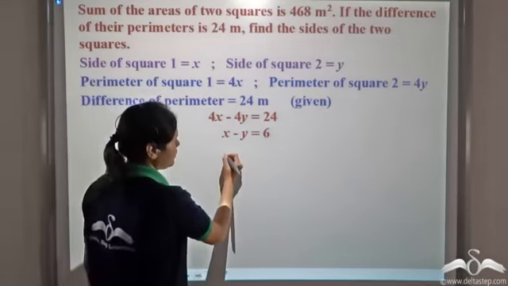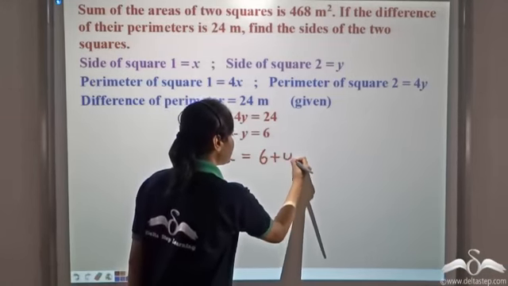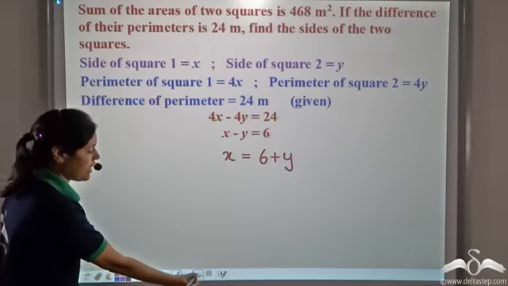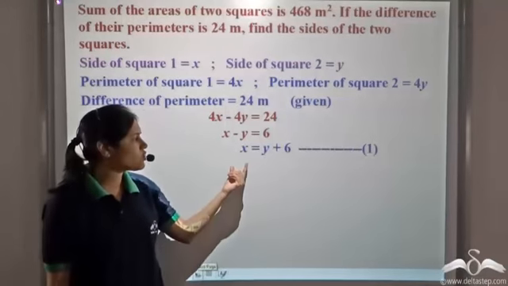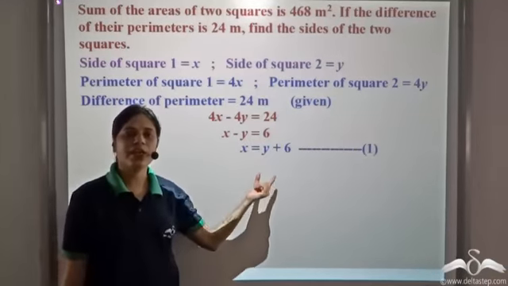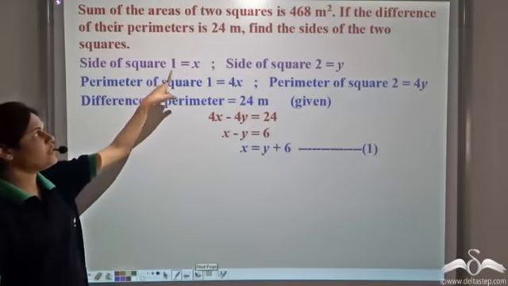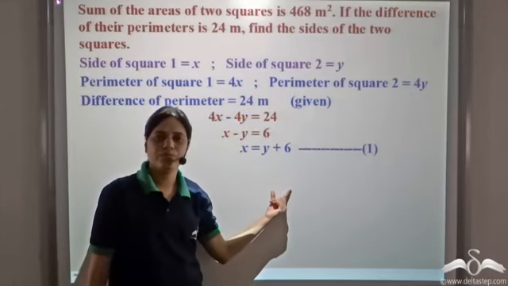From here, we can say that x is equal to y plus 6. Let us call this equation 1. We have represented the side of square 1 in terms of the side of square 2.